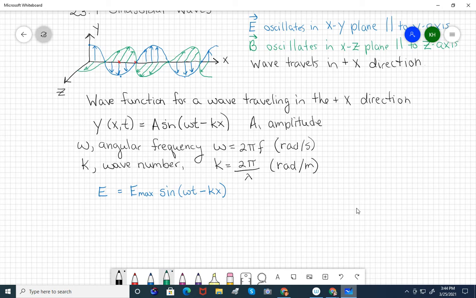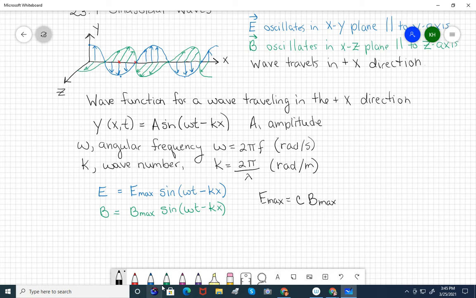And the magnetic field strength is given by B max times sine(omega t minus kx). Remember, we already have a very good relationship between E max and B max. E max is always just c times B max. So if we know either one of those, we always know the other.